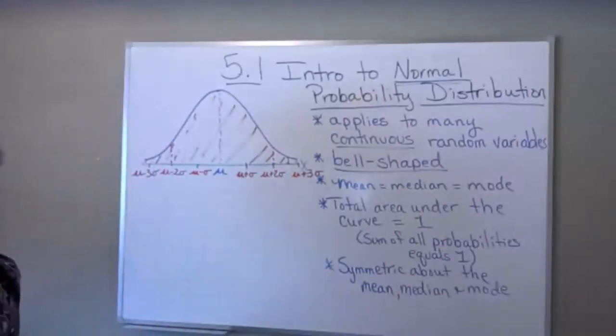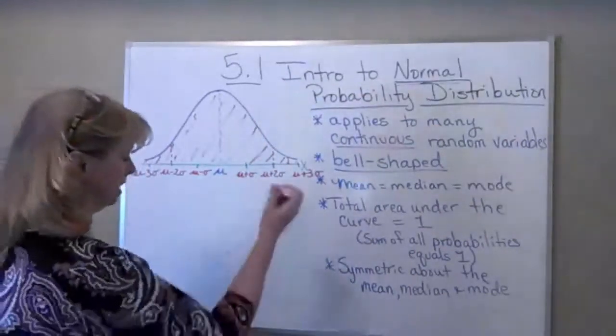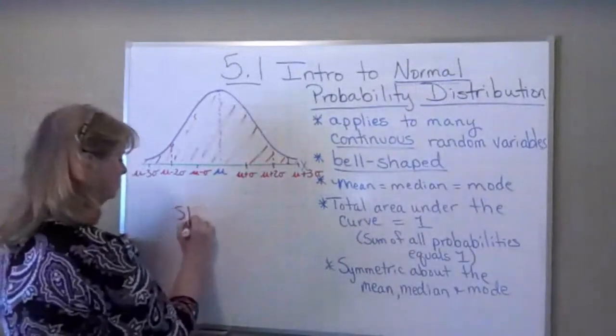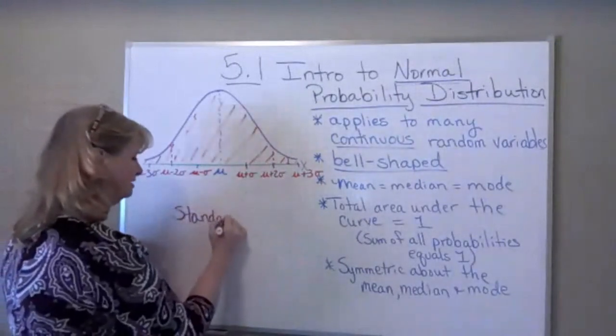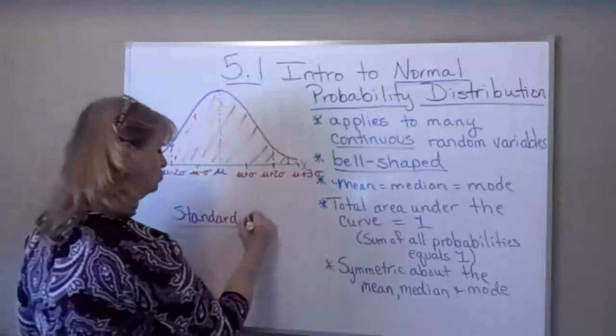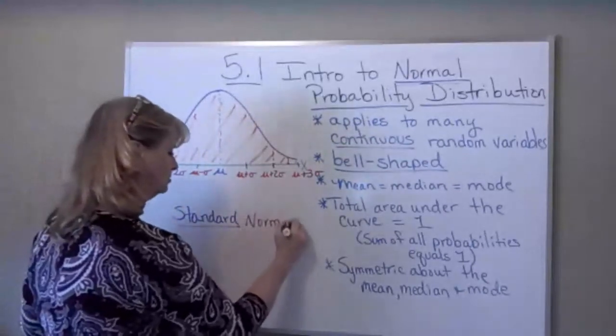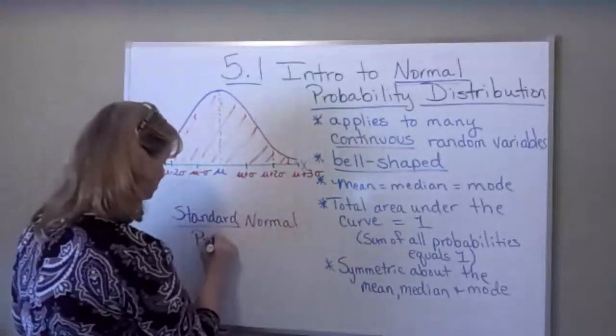And so we're going to have another one, the normal probability distribution, and then we're going to have something called the standard normal probability distribution.